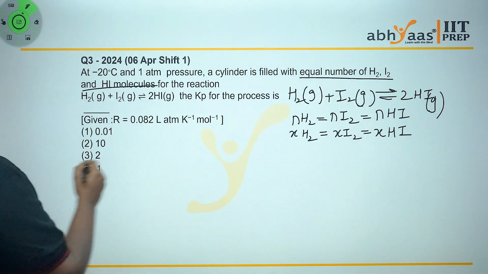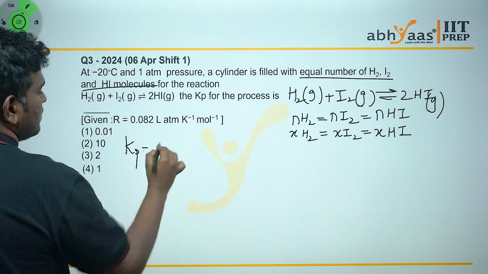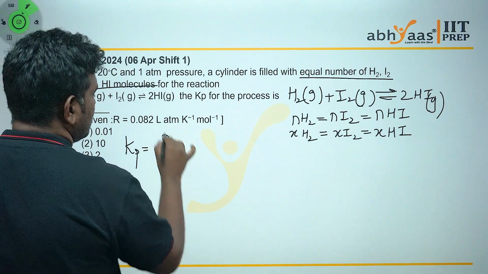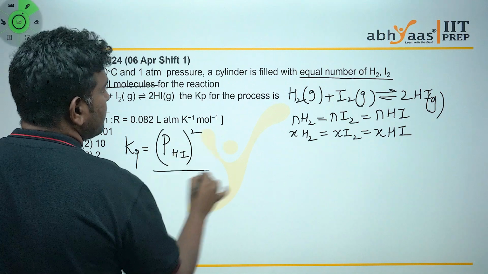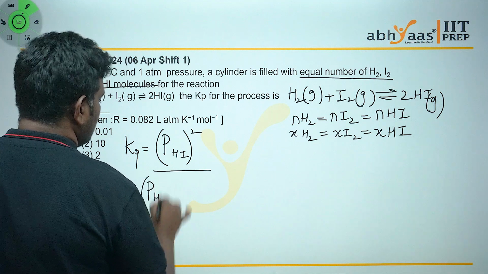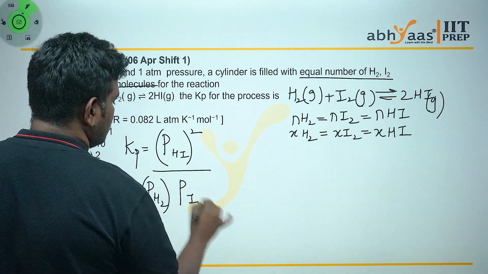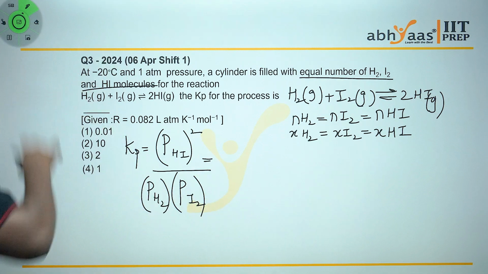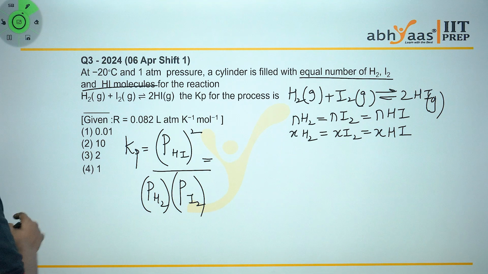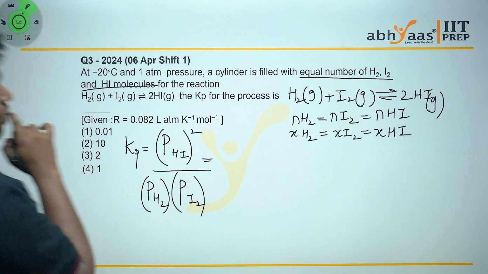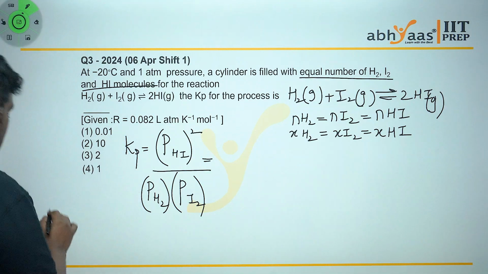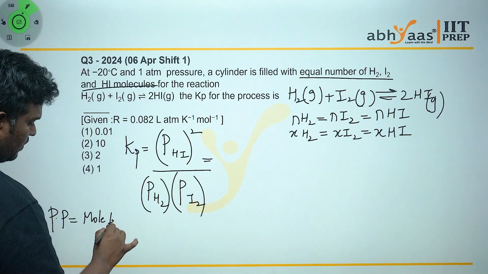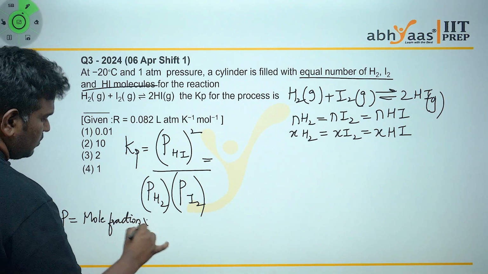Now we know what Kp is for this reaction, right? It is the partial pressure of HI, the whole raised to 2, divided by the partial pressure of H2 into the partial pressure of I2. Now I am using the formula that I have used before in another problem: partial pressure is equal to mole fraction into total pressure.